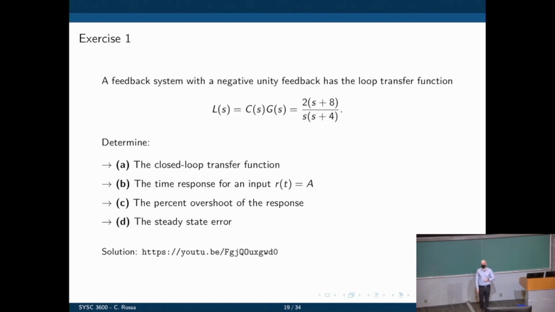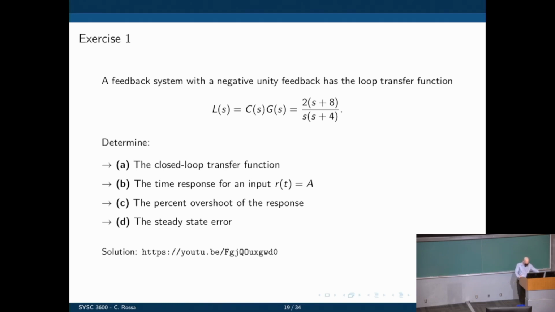So let's assume that we didn't have those nice formulas for percent overshoot and settling time. We are going to calculate this by hand to determine the percent overshoot. Later, just plug this in the formula to see if you get the same result. But you don't need to do it the way I'm going to do it. You can use the formula. I just wanted to use this to explain how the formula was derived.